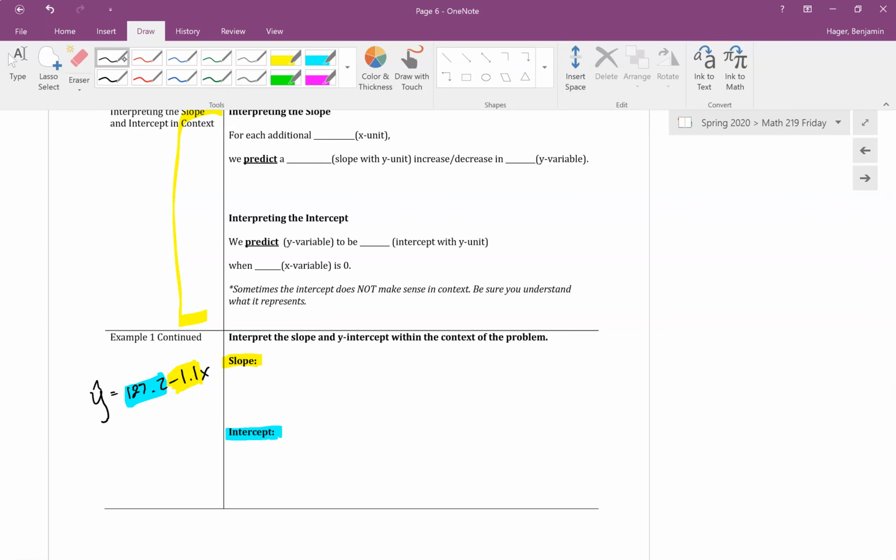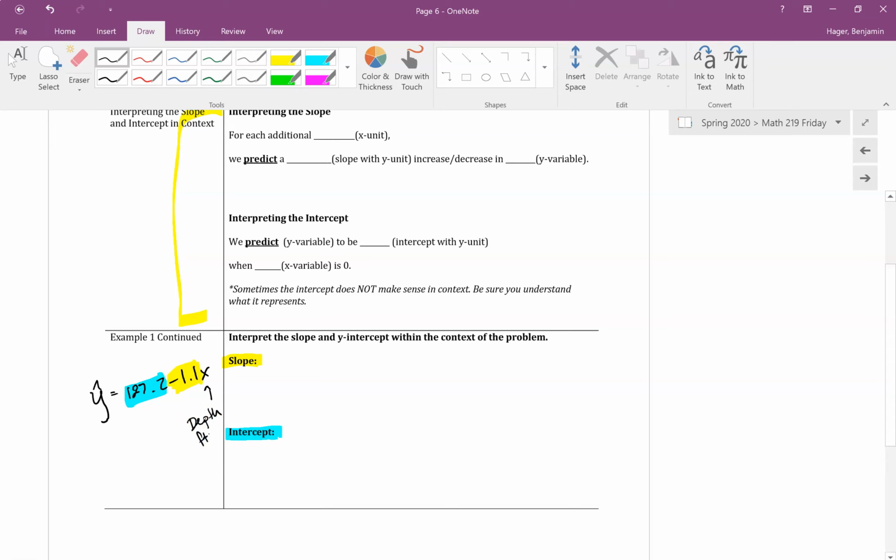I have a slope of negative 1.1. And so what do you think that means? Every time this increases, and what is this? This is depth in feet.